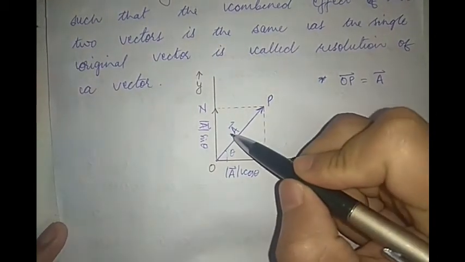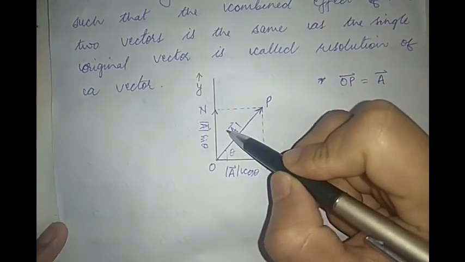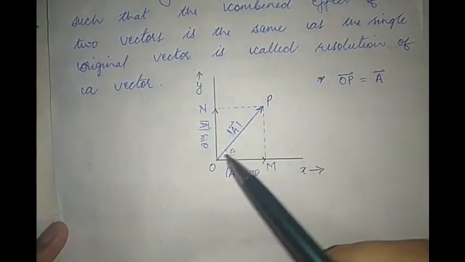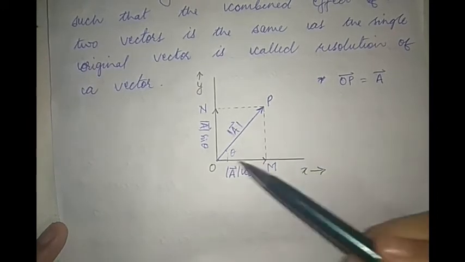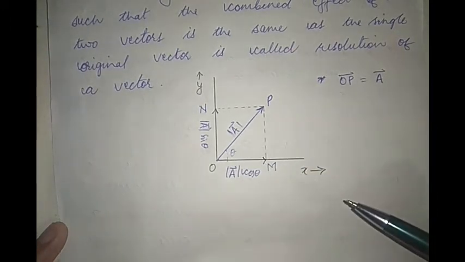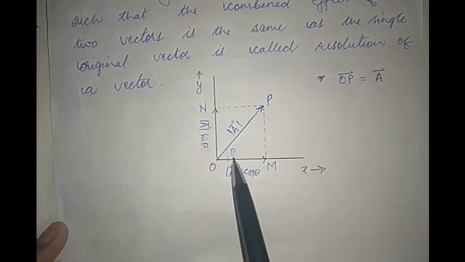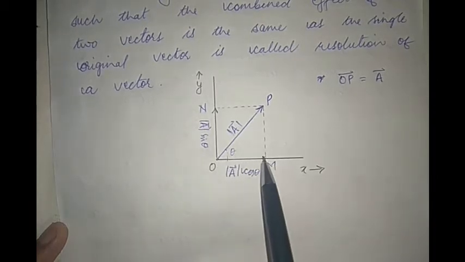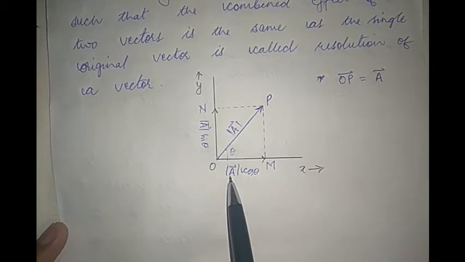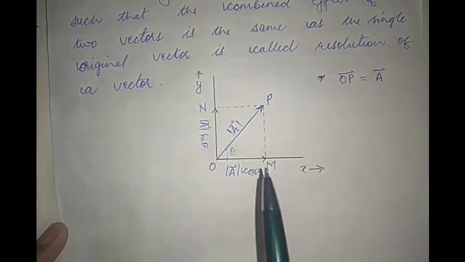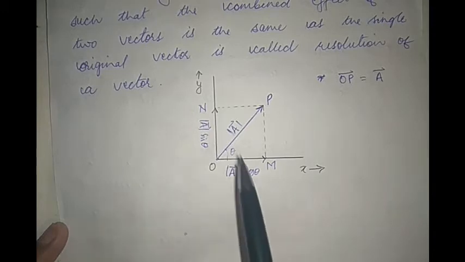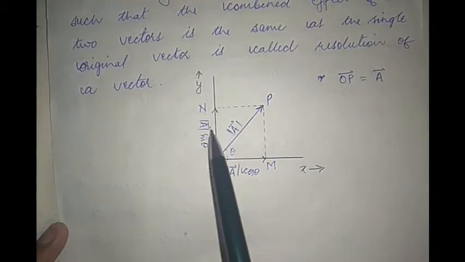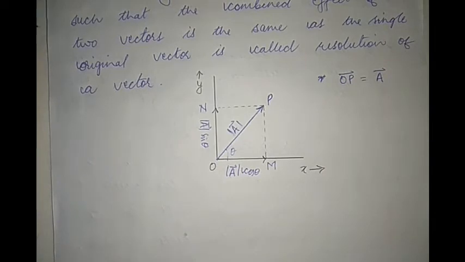Then we already know the magnitude of vector OP, which is magnitude of A. So in this right angle triangle OPM, we know the length of one of the sides and we know one of the angles. Therefore, if this is theta, then this base will be magnitude of A cos theta. That is, the magnitude of vector OM will be A cos theta. Likewise, the magnitude of vector ON will be A sin theta.